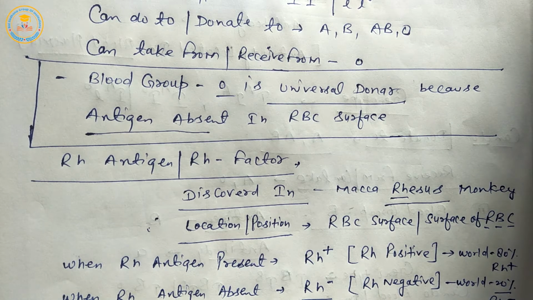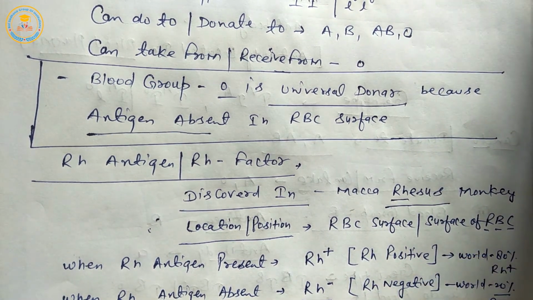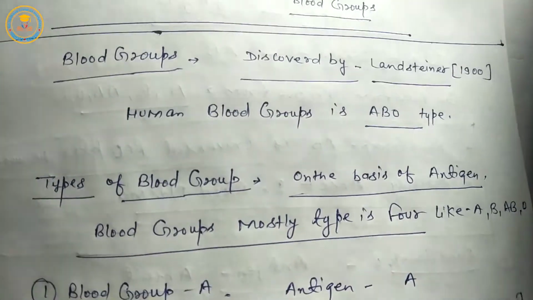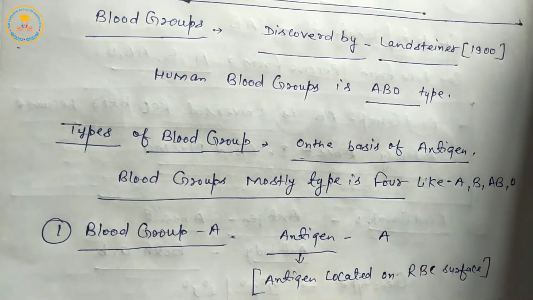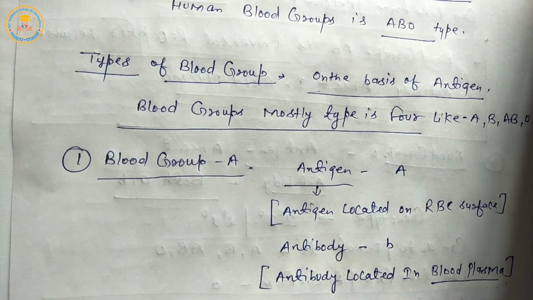So today's topic is completed. Students, today we studied blood group and blood group types, especially some specific antigens related to blood group.